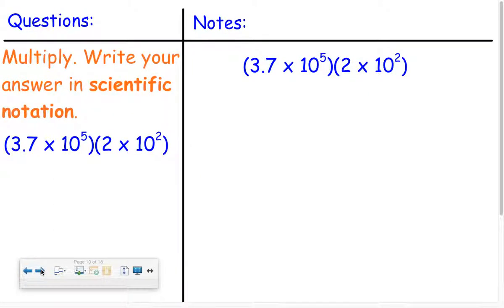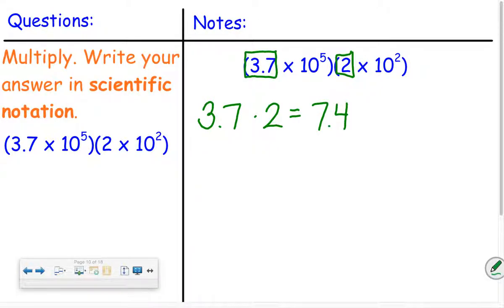All right, second one, 3.7 times 10 to the 5th times 2 times 10 squared. So we're going to start the same way and do 3.7 times 2. So 7.4.